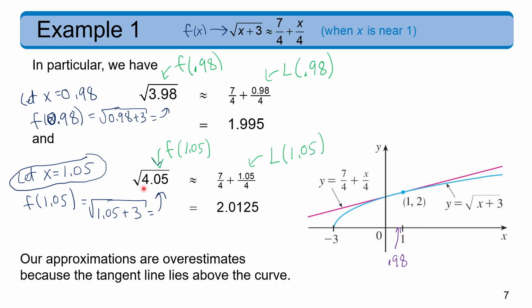Now for this second approximation, for the square root of 4.05, we used an x value of 1.05, which is just barely to the right of 1. And we could make the same analysis there. Right? So f of 1.05 is the value we're looking for.